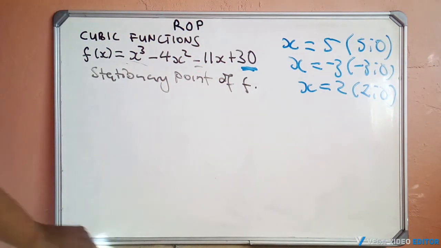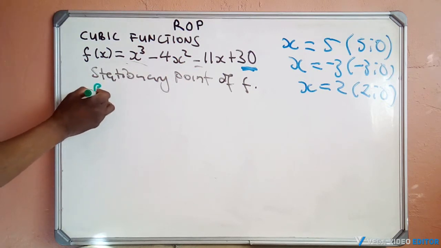Now, to find the stationary point of f, what we do is we differentiate this once. We differentiate our cubic function once.